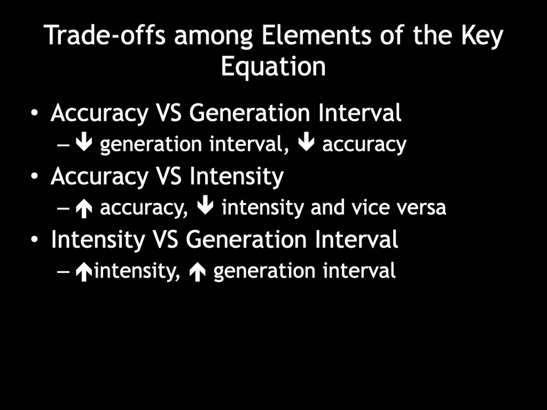You know that generation interval is the time required for one generation to be replaced with the next generation. So in a species that has a short generation interval, they will have low data, just a few data, because they can only be used a few times because of the short generation interval.